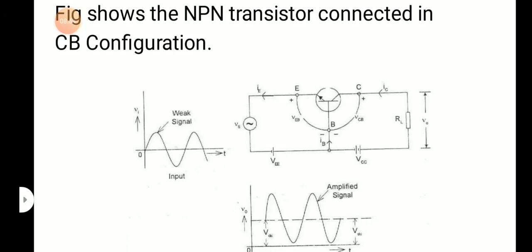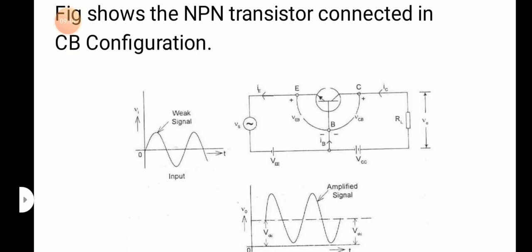The last one is the cutoff region. If both the junctions, the emitter junction and collector junction, are reverse biased, then the device will be off. Generally the active region is used for amplification.